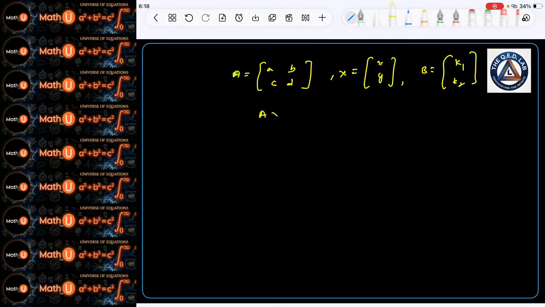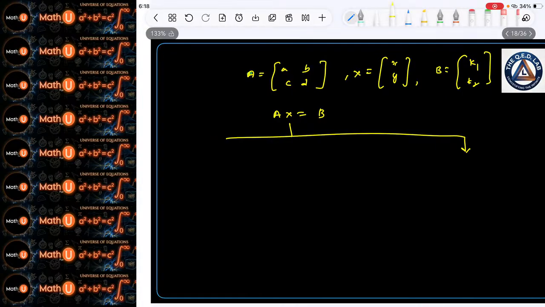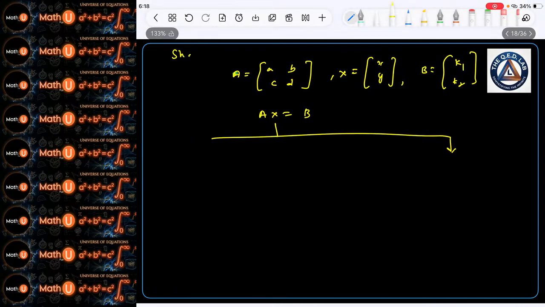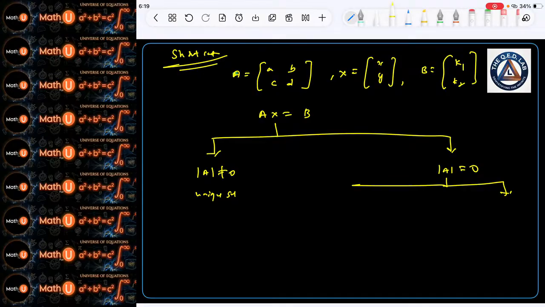It can be written as AX equal to B, right? First, find the determinant of A. Determinant of A not equal to 0, unique solution. If determinant of A is equal to 0, there are two cases: no solution, infinitely many solutions.